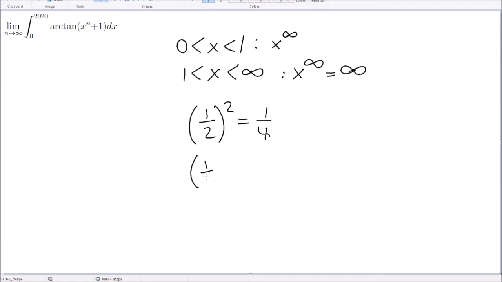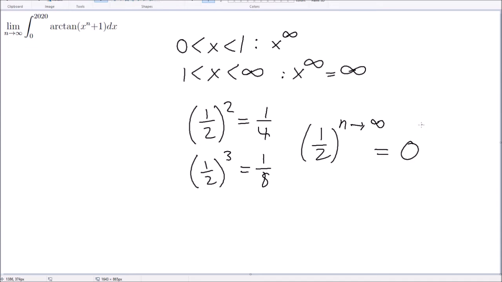If we cube it, then this becomes 1/8. 1/8 is definitely smaller than 1/4 and smaller than 1/2. So as this n gets bigger, we are actually approaching 0. So this right here is actually equal to 0.